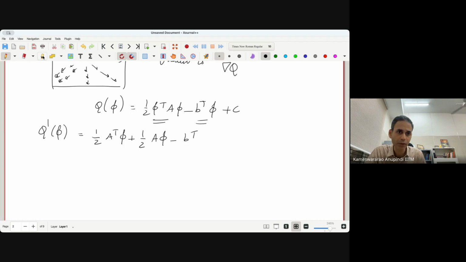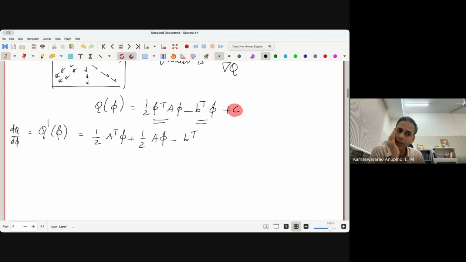We know that the derivative of C with respect to phi is 0. When I write Q prime of phi, I calculated dQ by d phi. So what is this quantity?